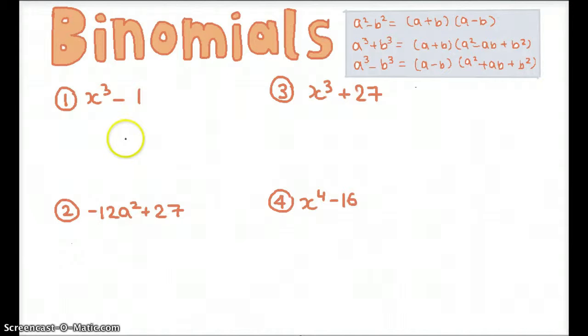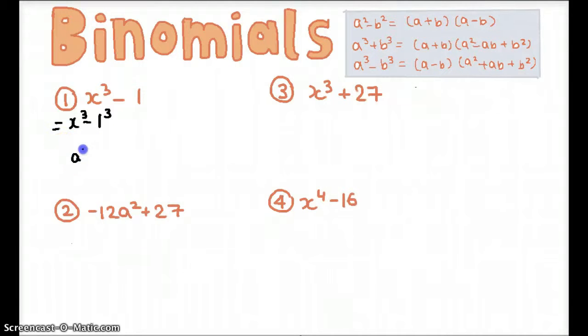So x cubed minus 1, we can't factor any greatest common factor out of that, so we're just going to go straight to the rules and see if it matches any of them. So it does match a to the power of 3 minus b to the power of 3, because this equals x to the power of 3 minus 1 to the power of 3.